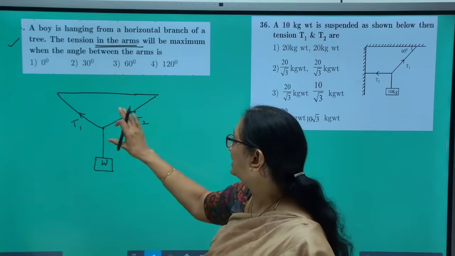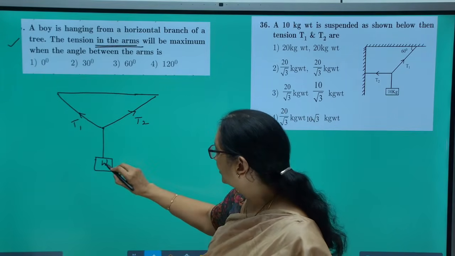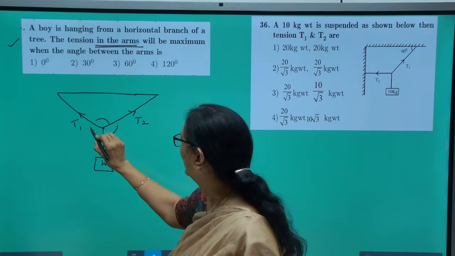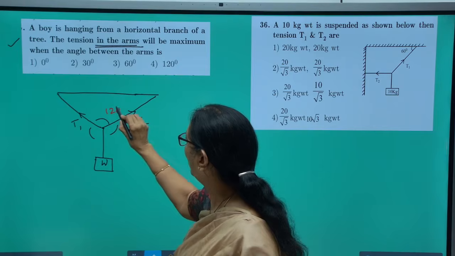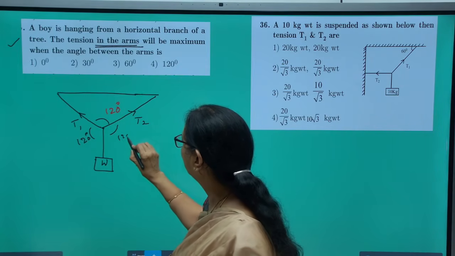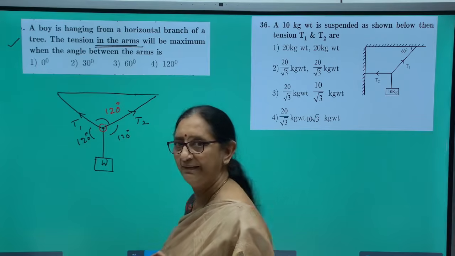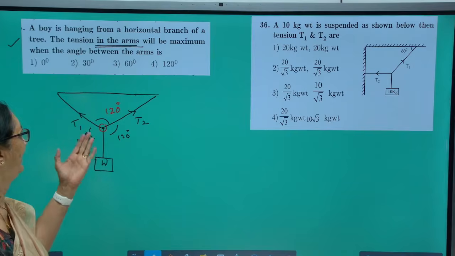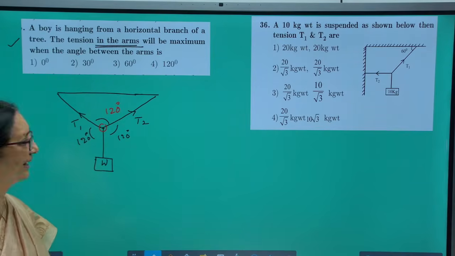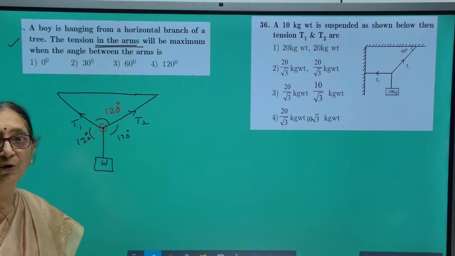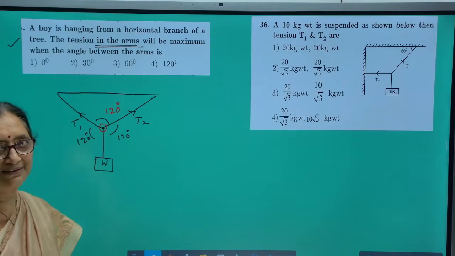The two tensions are equal to the weight when the angle between them is 120 degrees. When three equal vectors are at 120, then they keep that point in equilibrium. If you just have that concept in your mind, it is simple, right? So, angle between his arms must be equal to 120 degrees, right?